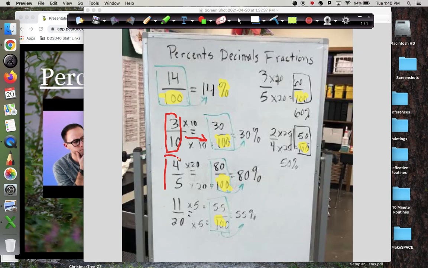Same with 4/5. 4/5 gets multiplied by 20, so the numerator gets multiplied by 20, so that becomes 80, and that 80 is then the percent. The 30 is the percent. So we didn't need to do that on the first one because it was already there. And this one, again, we have 11/20 gets multiplied by 5 to get the denominator to 100, which then becomes 55, which is 55%.